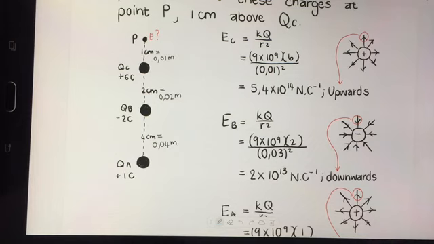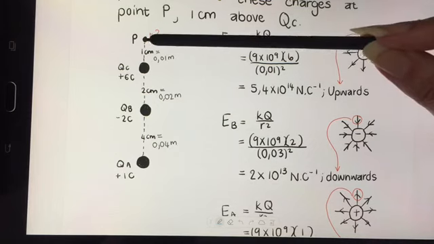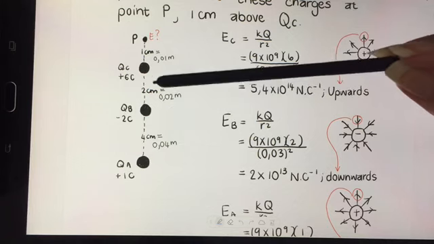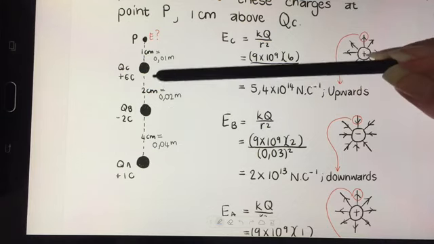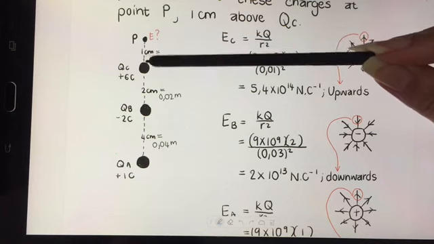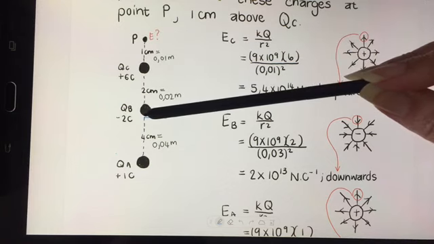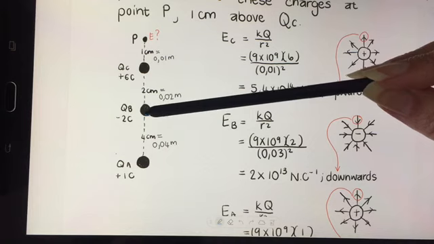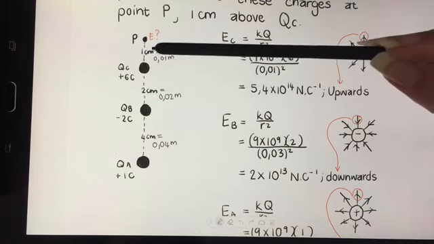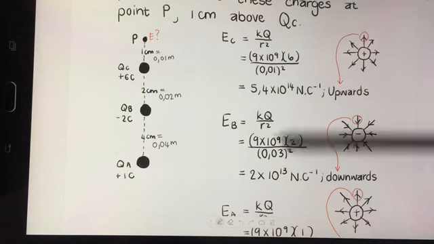But then I also have to find the strength of the field as a result of charge B. So then I pretend that C and A are not there. So I want the electric field strength a certain distance away from the charge. So the charge is the 2 coulomb, and the distance is 1 centimeter plus 2 centimeters.